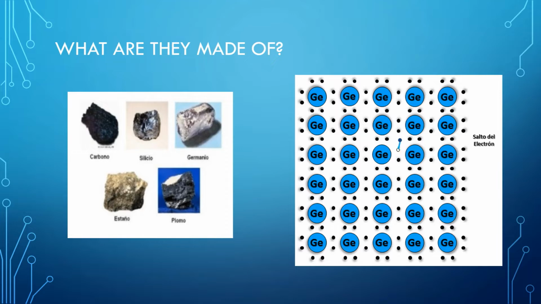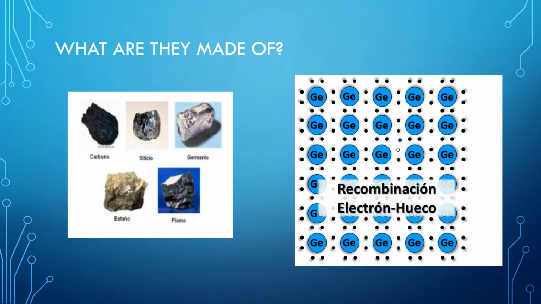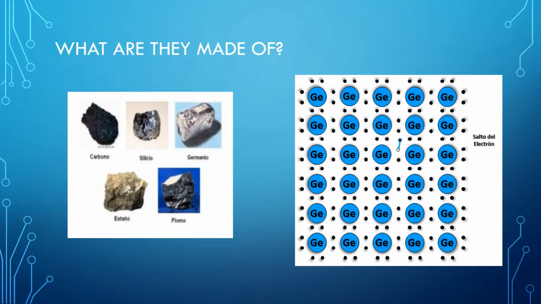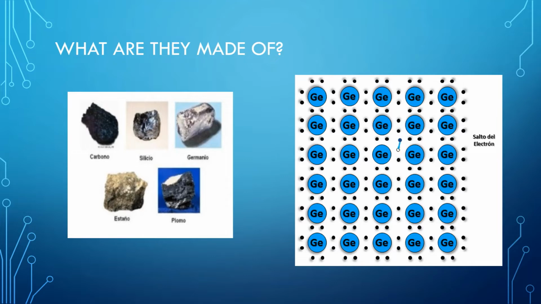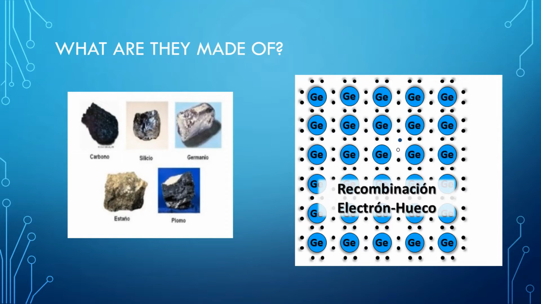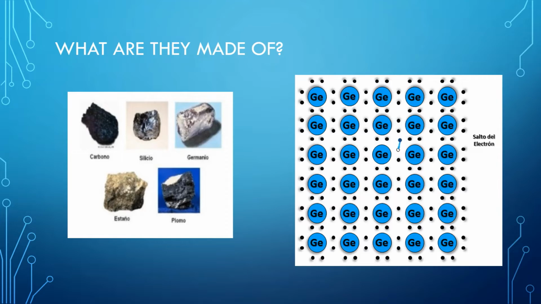The most used are silicon and germanium. On the right side, we can see the effect that causes the electrons to jump from one atom to another. This is called recombination, and it is what allows the material to conduct electricity.